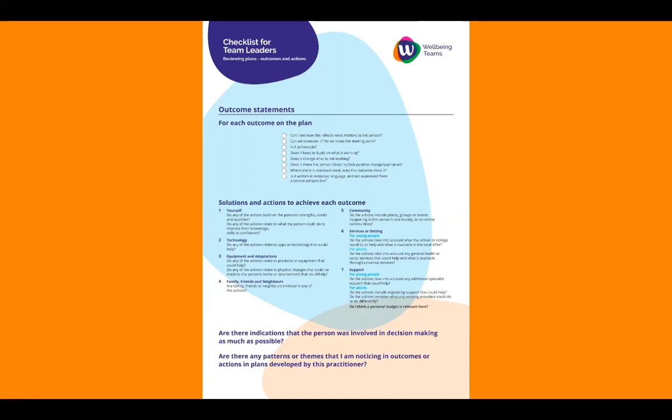The support sequence is a way to creatively look at options in a sequential way, to think about how we can support the person to achieve those options using the outcomes, using what's available to them, their strengths and gifts and capacities, and what's available for technology in the community, friends and family, and then services at the end. And then these checklists are to help practitioners and team leaders reflect on how they're doing.